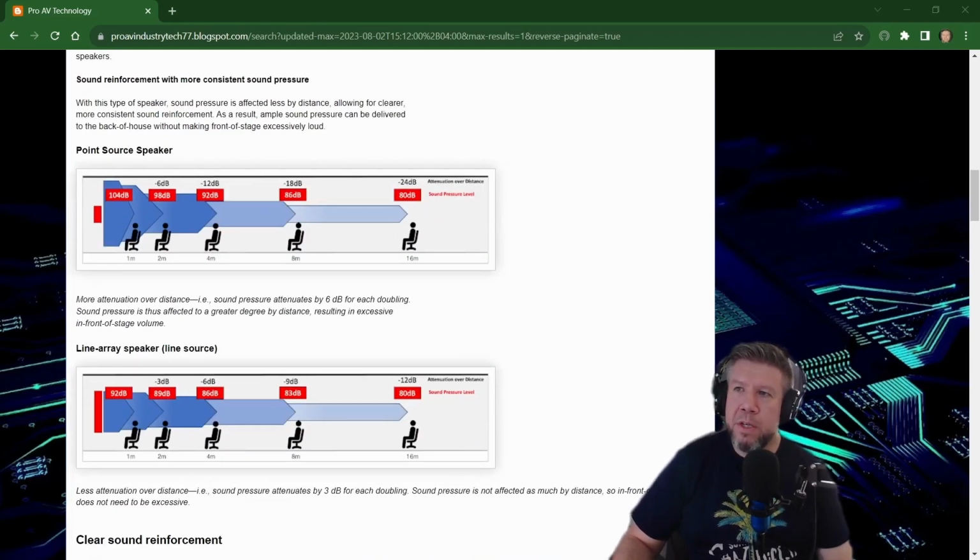Sound pressure attenuates by 6 dB for each doubling of distance. Sound pressure is thus affected to a greater degree by distance, resulting in excessive in-front-of-stage volume. Hence what I explained.